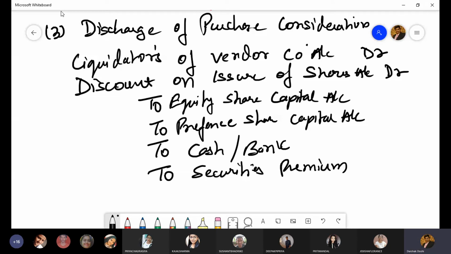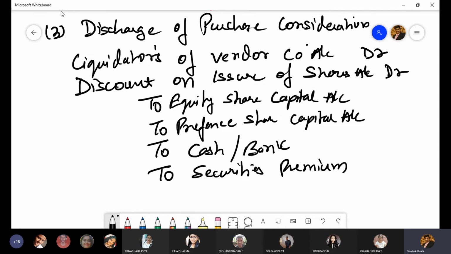After passing the first 3 entries, if you check, your dummy accounts such as your business purchase and liquidators of vendor company are closed. In the first entry, we pass business purchase to liquidators. In the second entry, assets to liabilities to business purchase. And in the third entry, liquidators to equity share capital, preference share capital to cash bank.